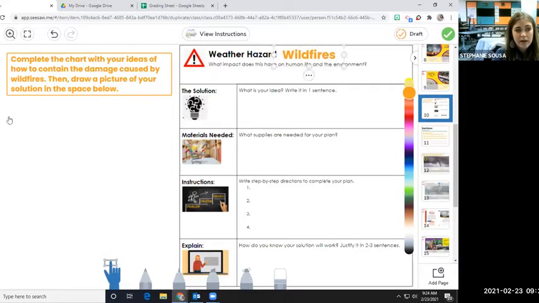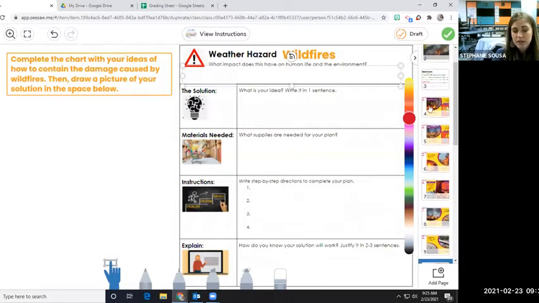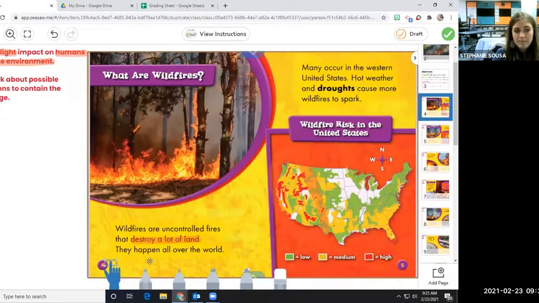It asks, what impact does this have on human life and the environment? That is the reason that we were highlighting the impact on human life and the environment. So when we got to this question, we wouldn't have to say, I don't know. So we can go back and we can look at our text and we can see, oh yes, it destroys the land.